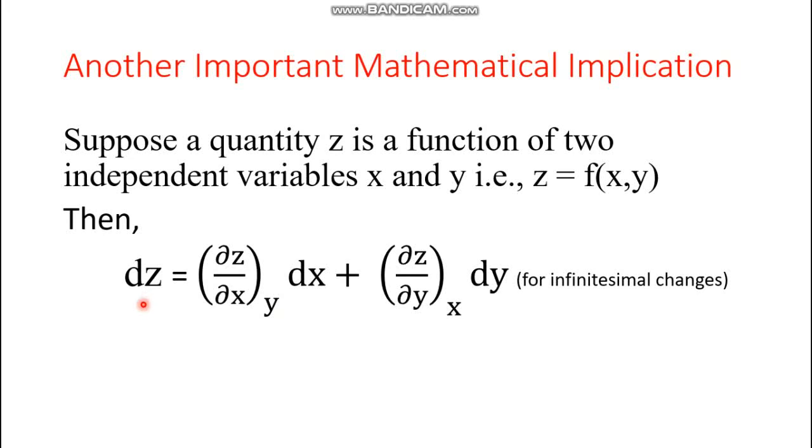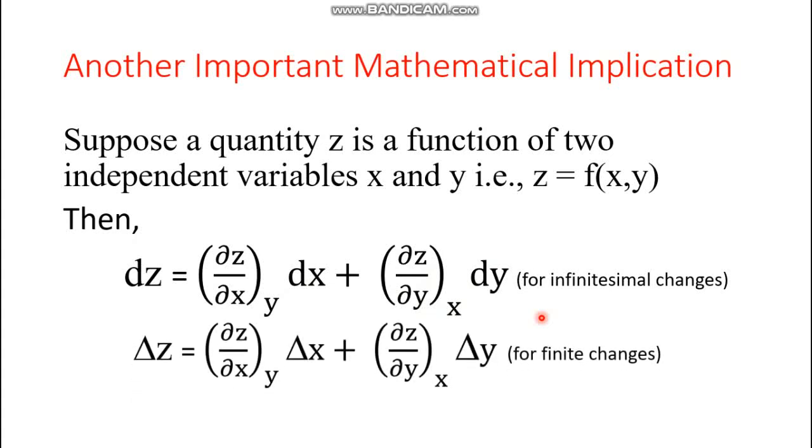So what is the value of dz? dz is the rate of change in z with respect to x at constant y multiplied by dx, plus the rate of change in z with respect to y at constant x into dy. So this is for infinitesimal change, that means where the changes are very small.